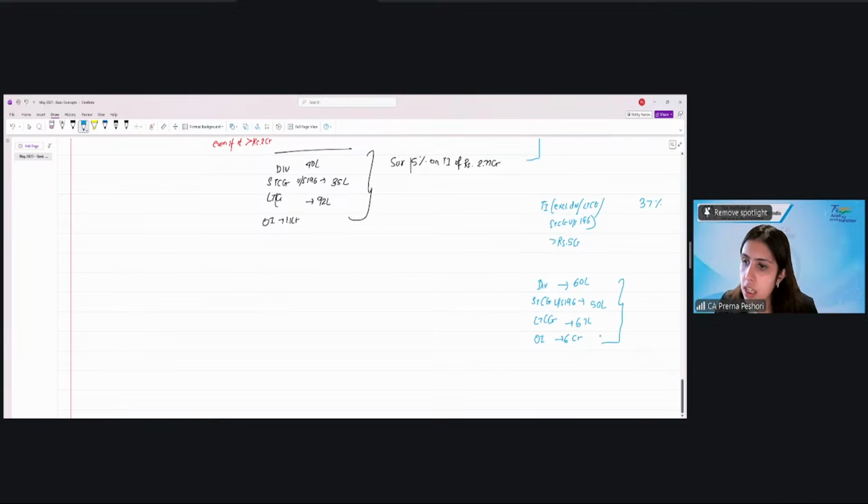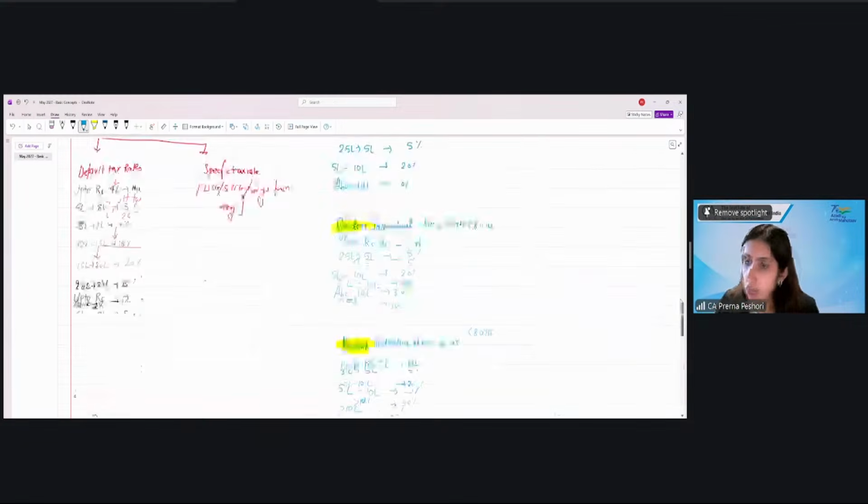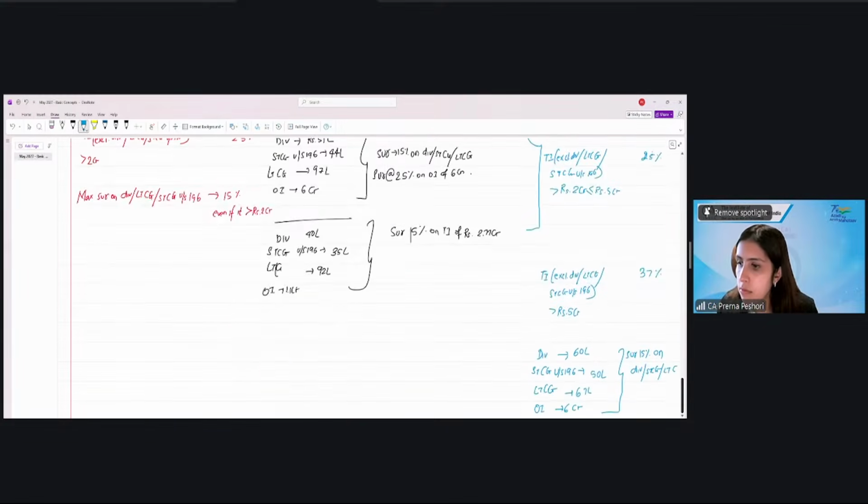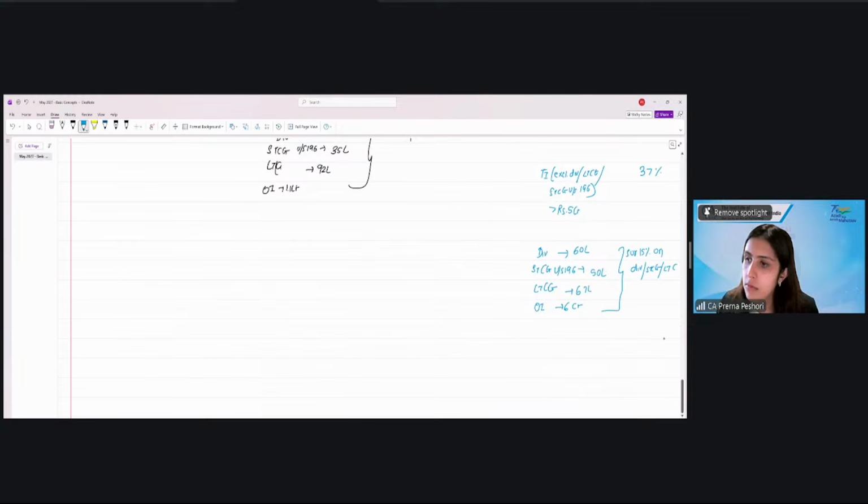So if you see what will happen in this particular case, the surcharge will be 15% on my dividend, STCG and LTCG. And on other income, there will be a surcharge of 37%. Are we clear?